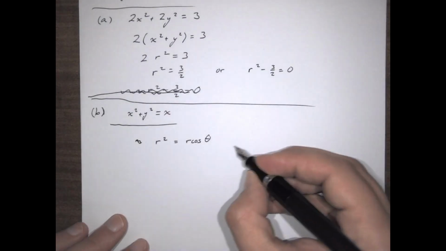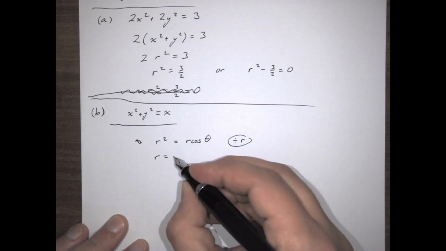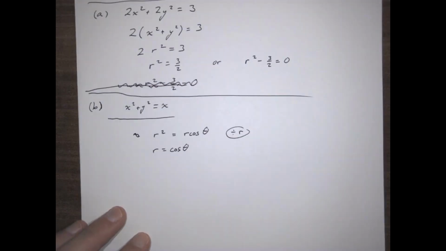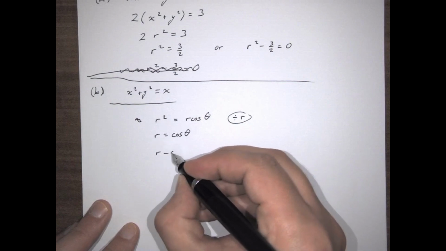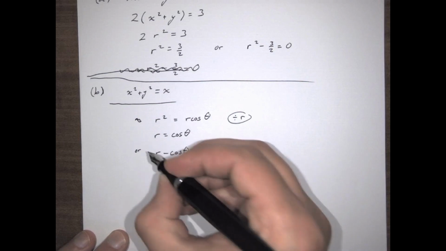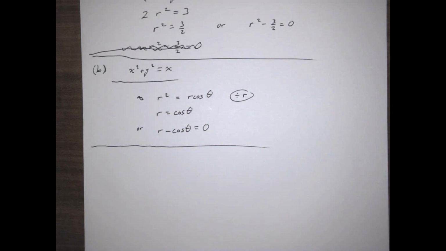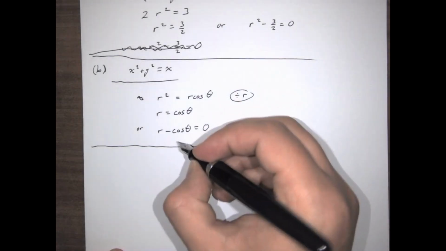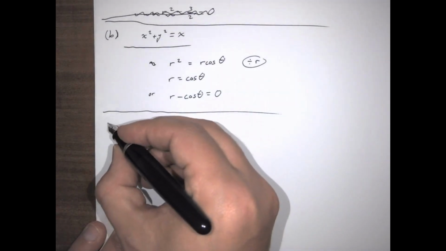And now here I can divide both sides by r, and I get r equals cosine theta. And that would be a nice simple answer, or r minus cosine theta equals 0. And that's just depending on whether you are doing this for me or for Pearson. Either one of these would be fine for me, and this one would sometimes be the only one that the Pearson would like.